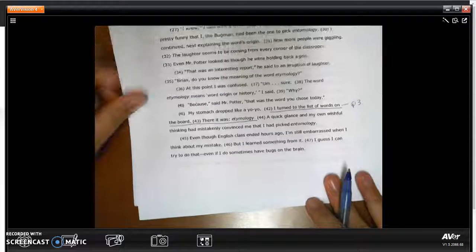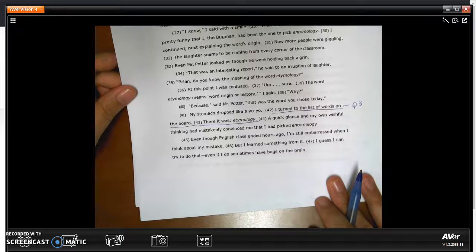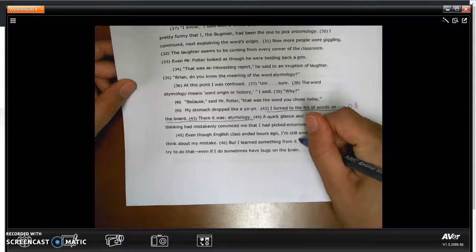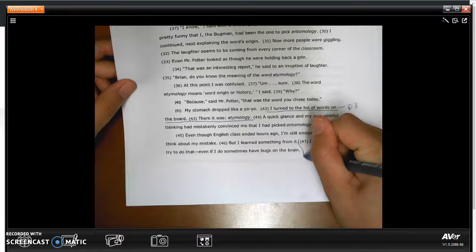So I'm going to go to sentence 46, but I learned something from it. I guess I can try to do that even if I do sometimes have bugs on the brain. So somewhere in between here, in between 46 and 47, I'm going to put my Q4.